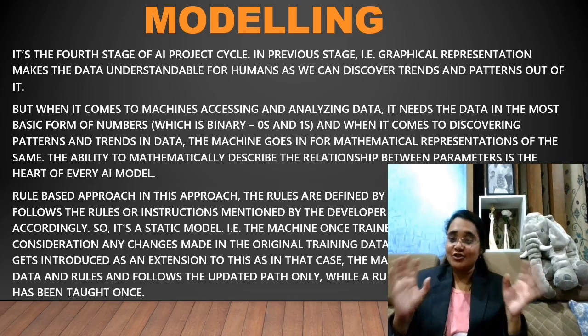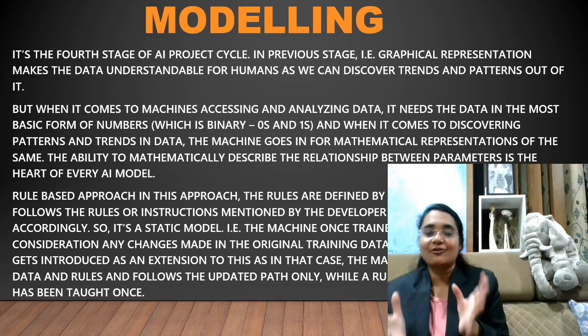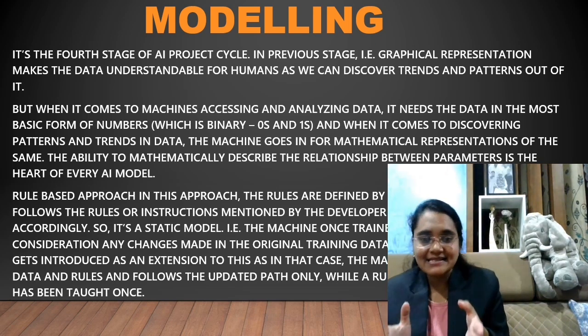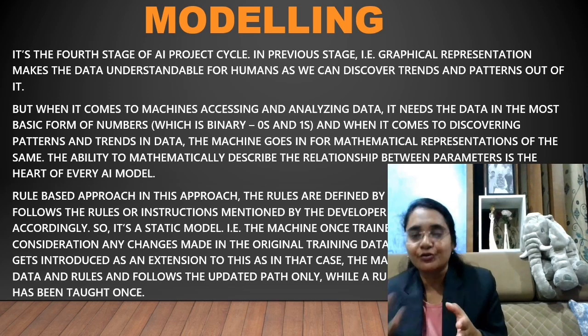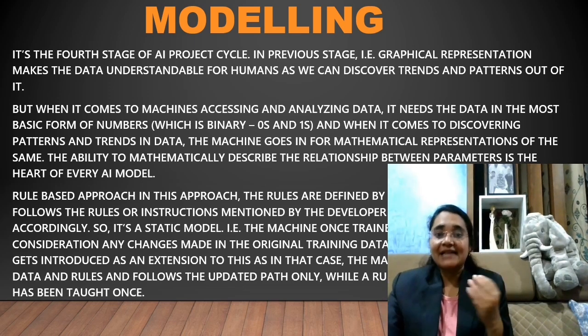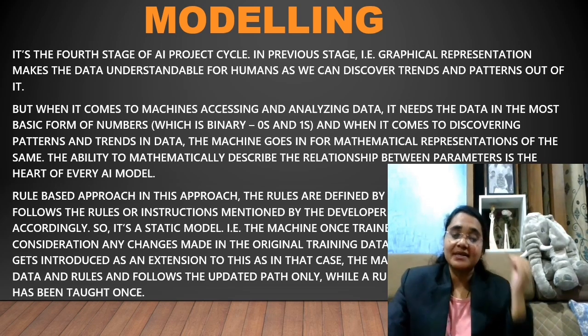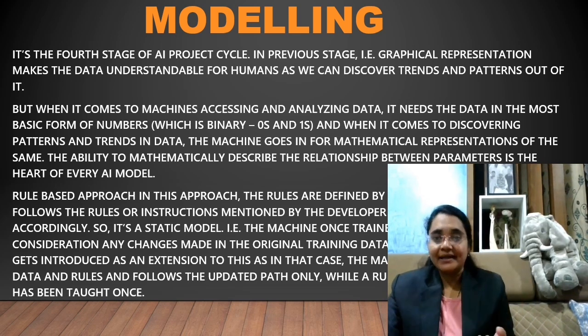Here modeling does not mean that models are coming and walking, students. It is not like that. Modeling means which process, which method, which graphical presentation you are going to follow. Here the machines can access and analyze the data. It needs the data in the most basic form of numbers, like binary.